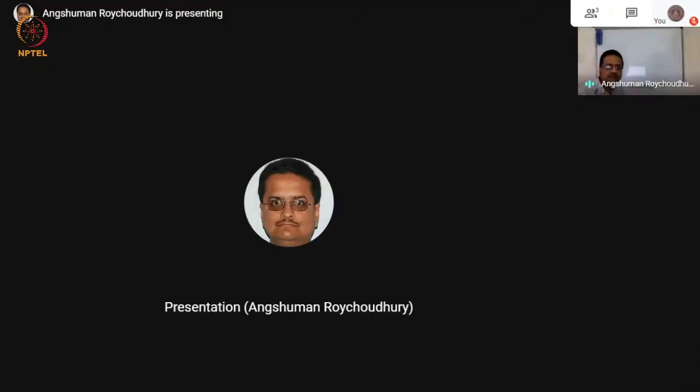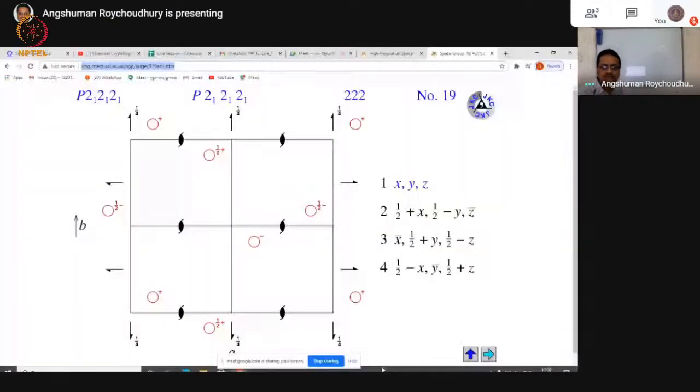See here, what we have is this projection is made with B axis in the vertical direction, A axis here. So the 2-1 which is parallel to A is shifted 1/4 along B, which you can see here.